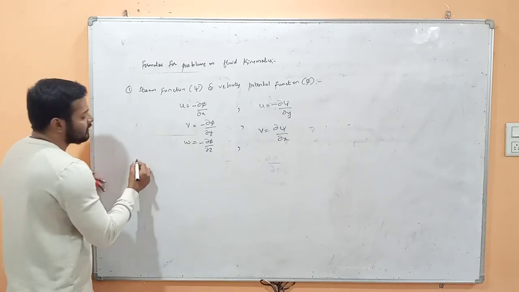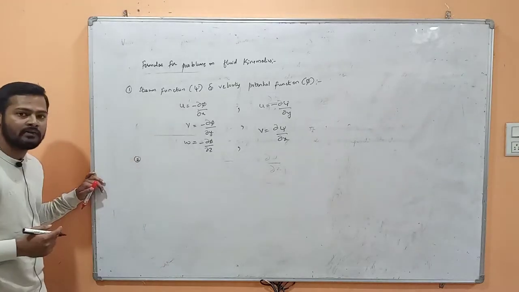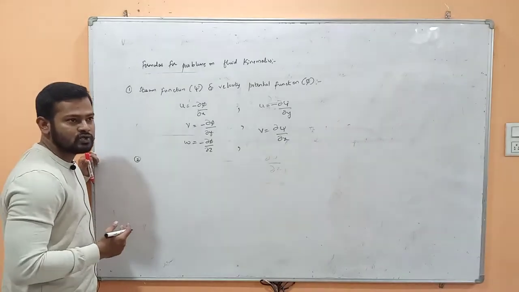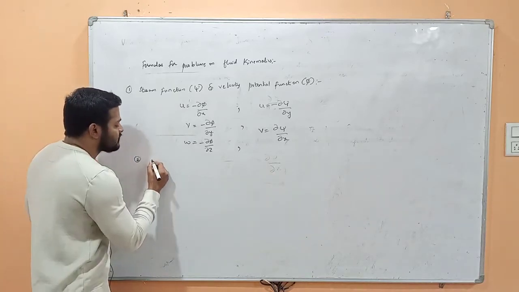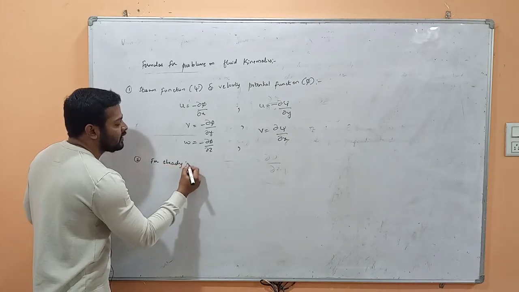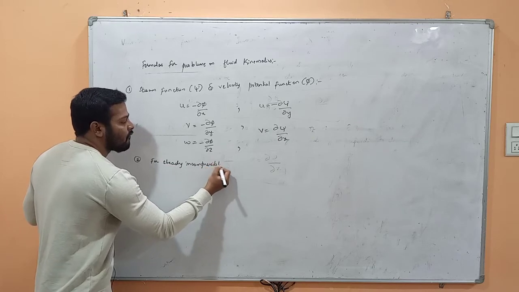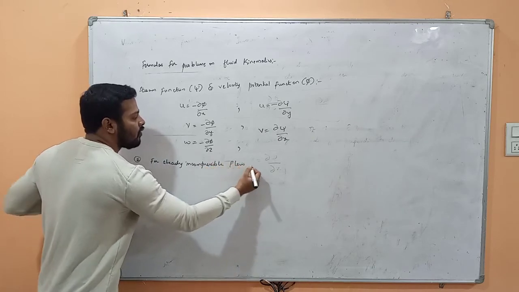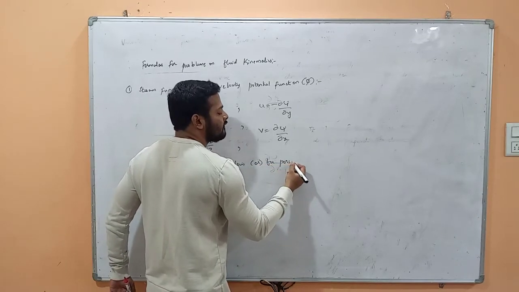So the next formula is your continuity equation. What is the continuity equation which we derived in the last class? Dou u by dou x plus dou v by dou y plus dou w by dou z, for steady incompressible flow or for a possible case of flow.